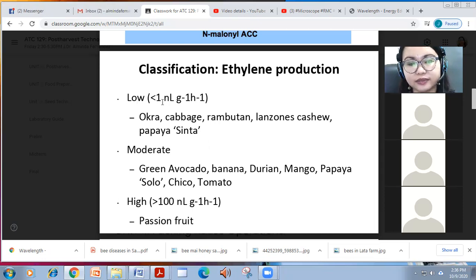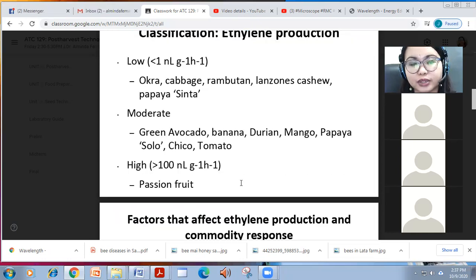So these are classified as low if they are lower than 1 nL per gram of containing ethylene, like okra, cabbage, rambutan, lanzones, cashew, papaya. If it's Sinta papaya, but if it's Solo papaya, it's moderate. Green avocado, banana, durian, chico and tomato are under moderate.